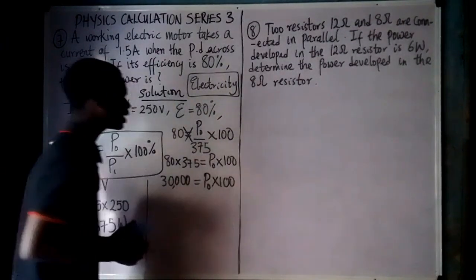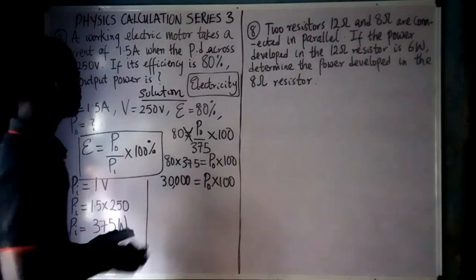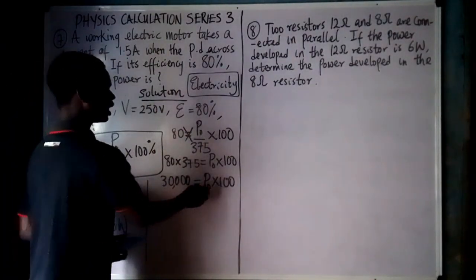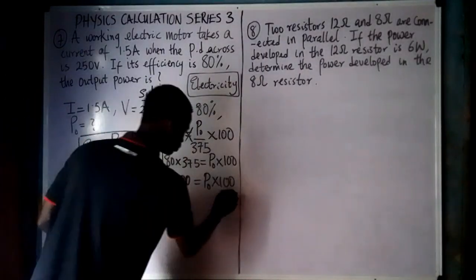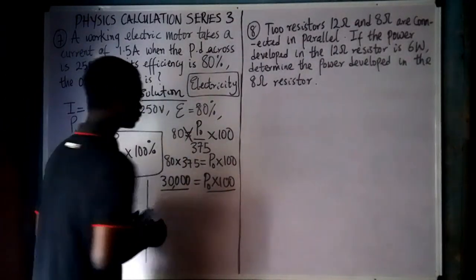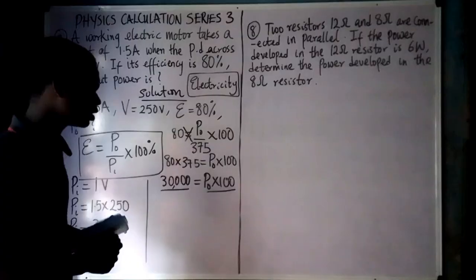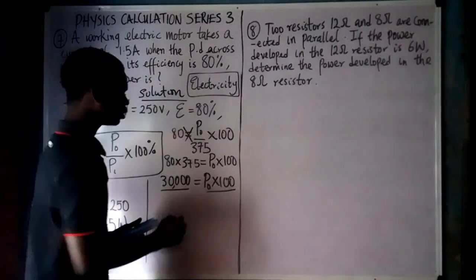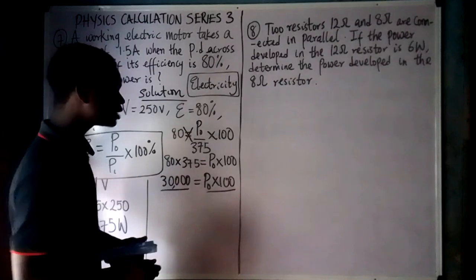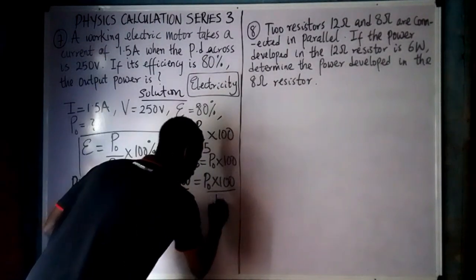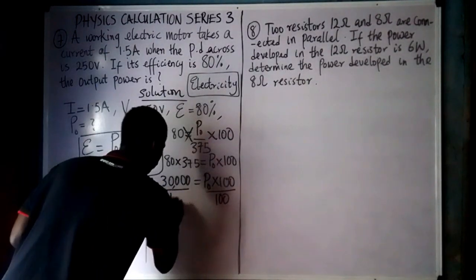We are asked to find the output power, so we are not going to stop here. Rather, we are going to divide both sides. What are we going to be dividing both sides with? We will be dividing both sides with the number attached to what we are looking for, and that number is 100. So we say over 100, and we also say over 100.